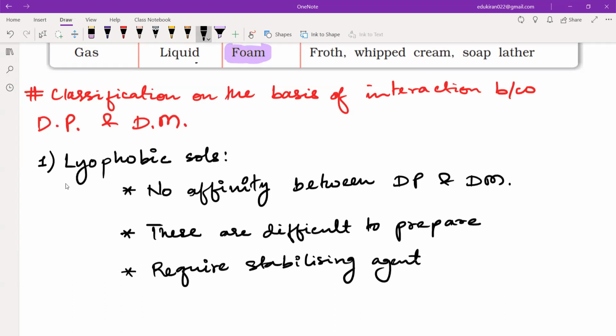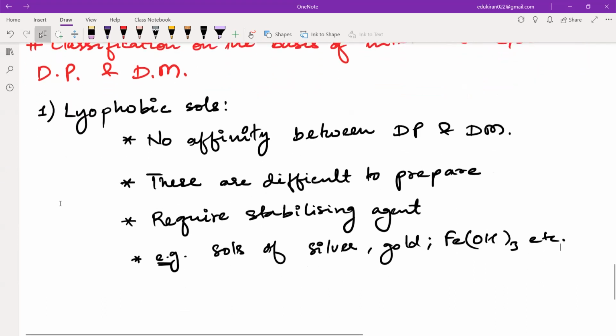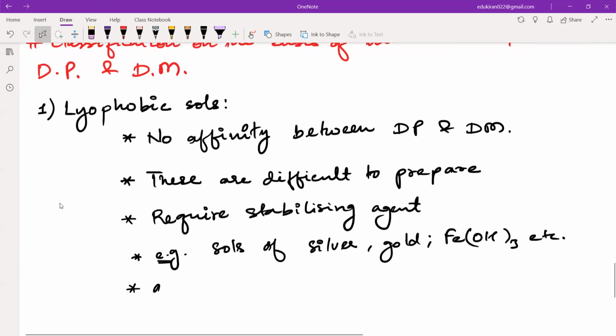Next is examples: the salts of silver, gold, Fe(OH)3, etc. These are also known as extrinsic colloids. Then after lyophobic, we will have lyophilic.